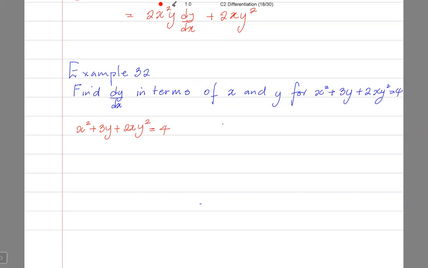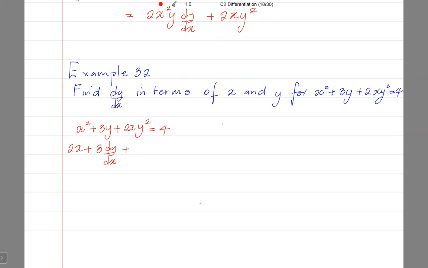And we're asked to find dy by dx in terms of x and y. Let's differentiate implicitly. I'm differentiating the entire equation with respect to x. If I differentiate x squared with respect to x, I'm going to get 2x. If I differentiate 3y with respect to x, I'm going to get 3 dy by dx.